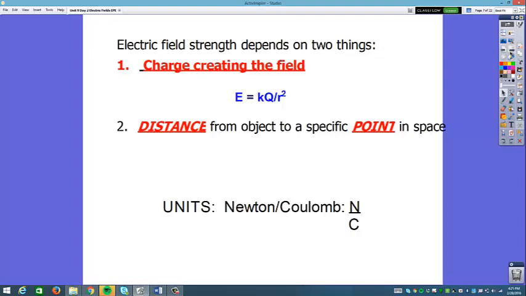Notice that distance is in the denominator again, so they're inversely related. As you increase the distance, your electric field is going to get smaller, and as your distance decreases, your electric field is going to increase. So your electric field is inversely related to your distance, just like the electrostatic force was.